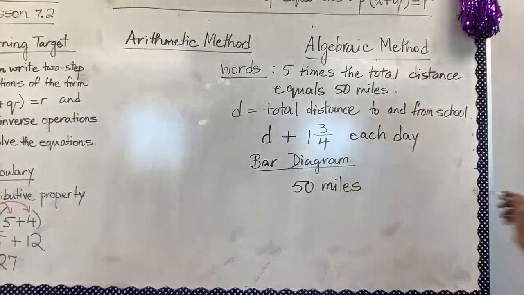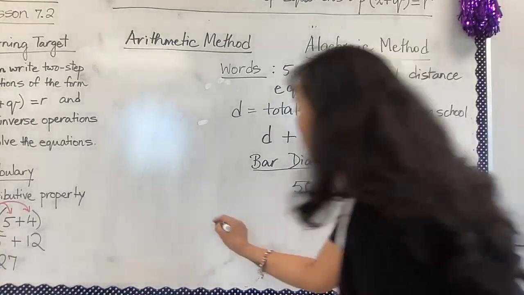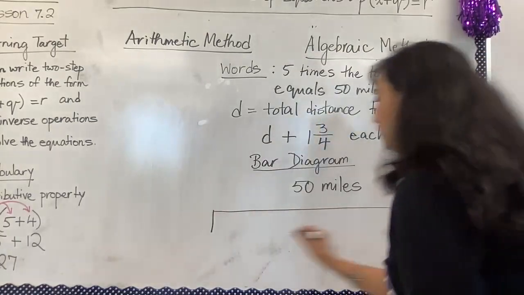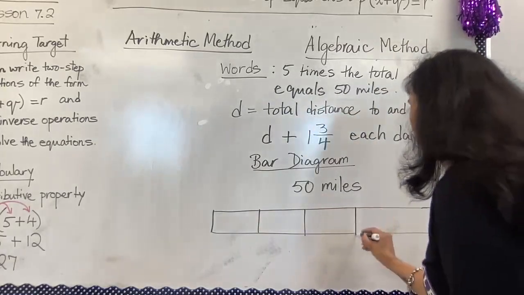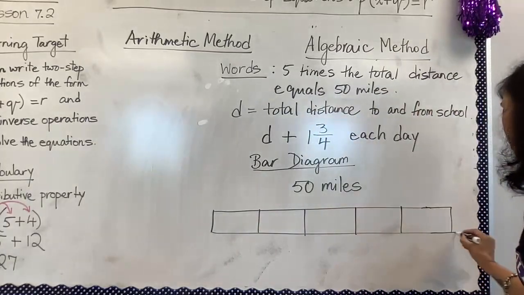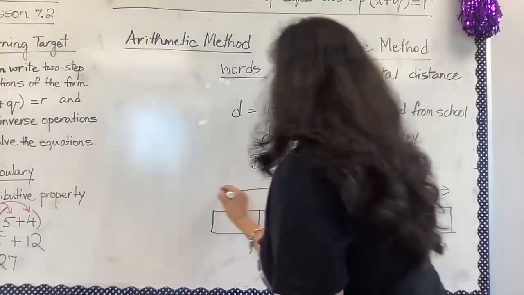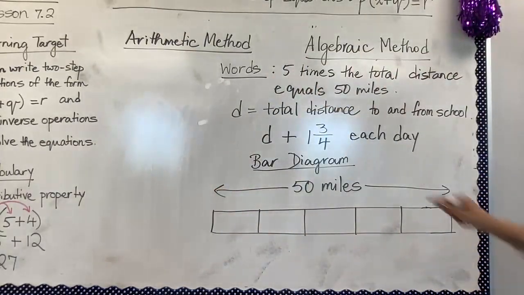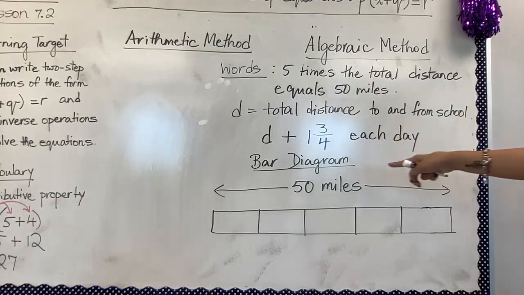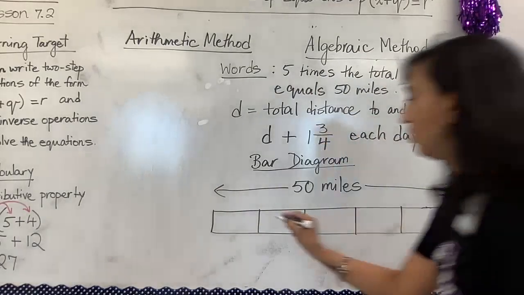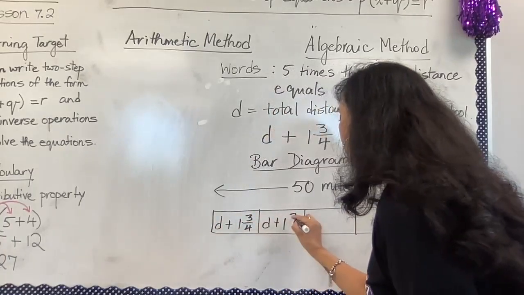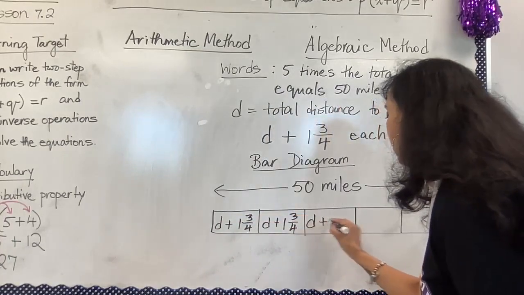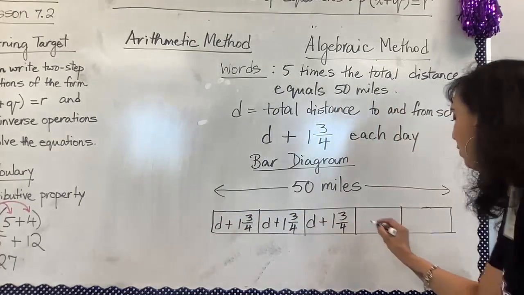And then I am going to take 5 different bars: 1, 2, 3, 4, and 5. And this total amount is 50 miles. And each day, what did we say? It was d plus 1 and 3/4 miles driven each day. So d plus 1 and 3/4, d plus 1 and 3/4. I just wanted you to get a visual.